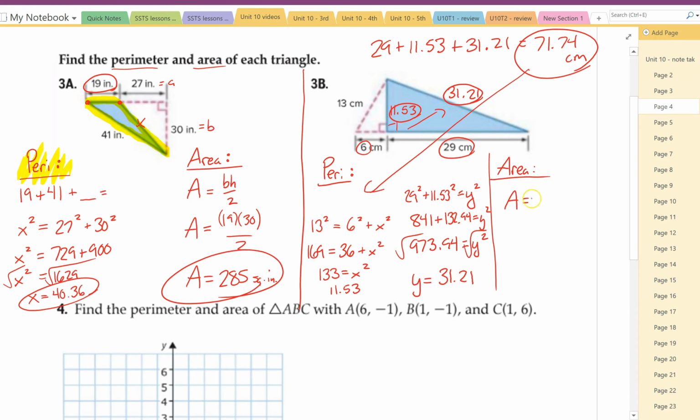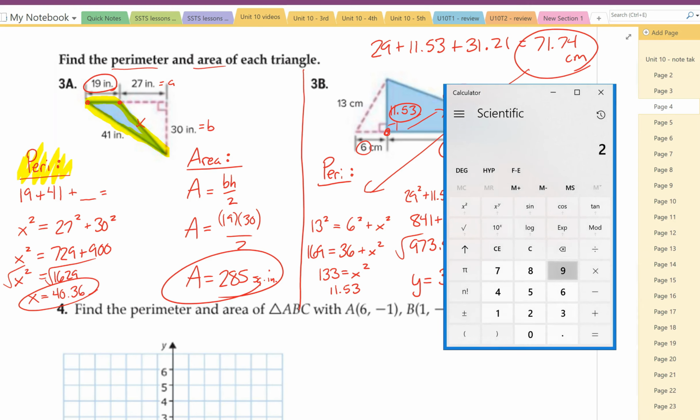Area is just base times height over 2. The base is this flat side on the bottom, which is 29. The height is this one right here, which I found to be 11.53. And I'm going to divide those by 2 after I multiply them together. So 29 times 11.53 is that, divided by 2.